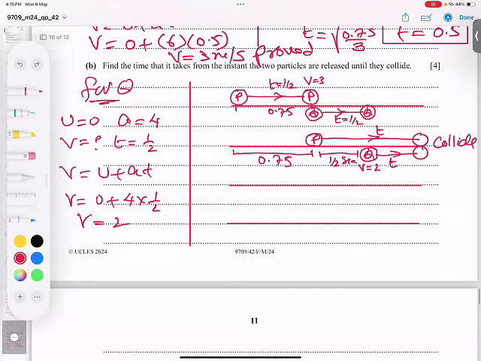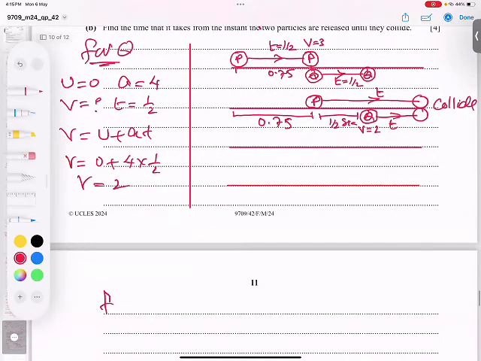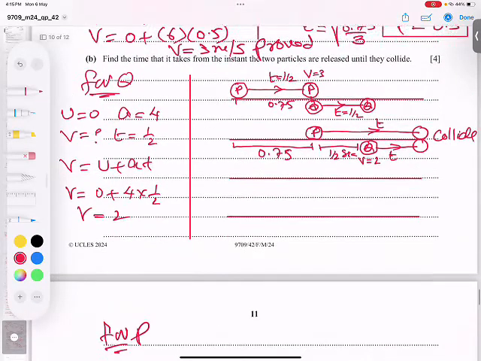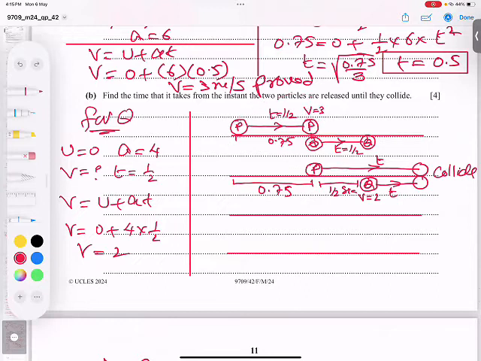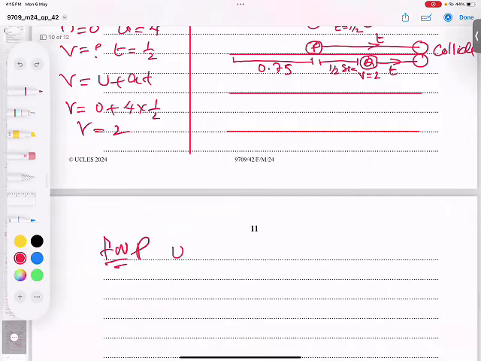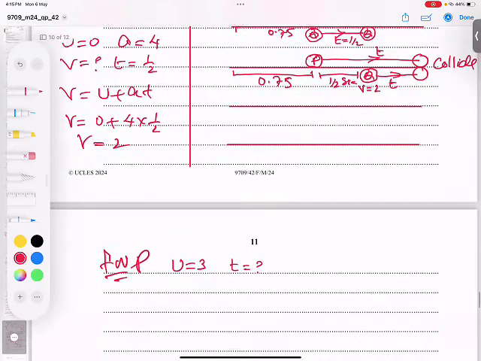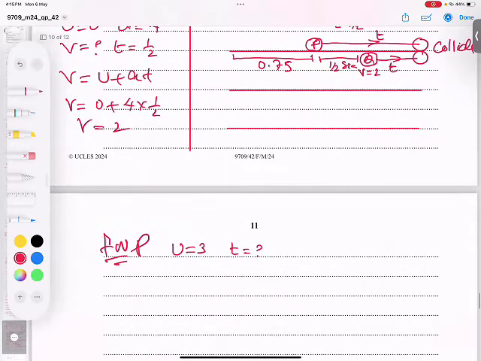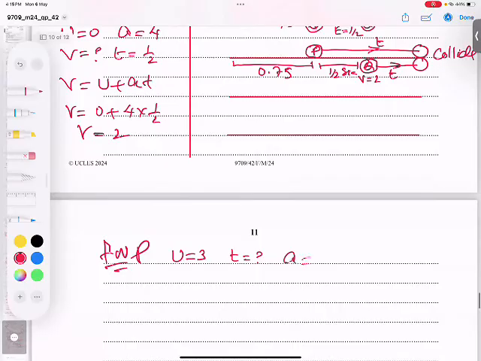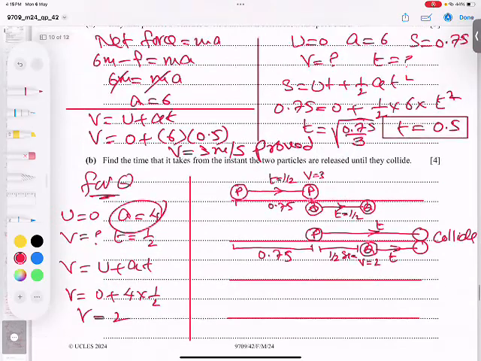So let's find it for the P particle. Make sure this one starts at 0, but here it is 3. So for this motion, the starting velocity for P is 3. I'm writing here u equals 3, time I don't know, and distance I don't know. The acceleration, as I said before, remains 4 throughout because of the rough surface.